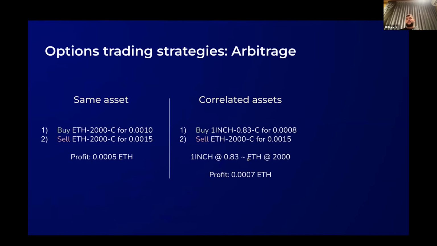So here we go to the option trading strategies. Considering the last slide, combining two topics like small volumes, liquidity, and a small number of projects gives us actually the first trading opportunity, arbitrage. One of the biggest problems in DeFi options right now is pricing, because there are not many participants and arbitrageurs.